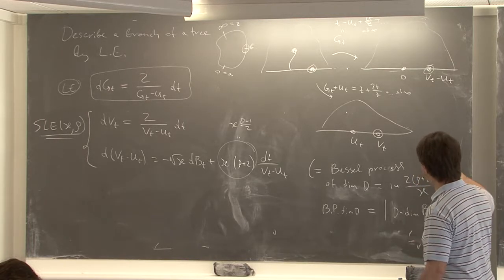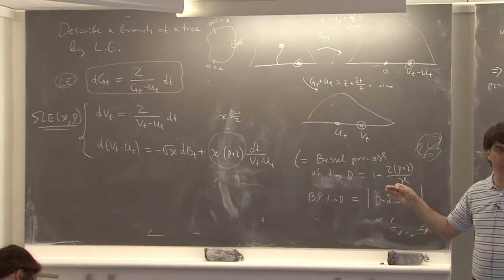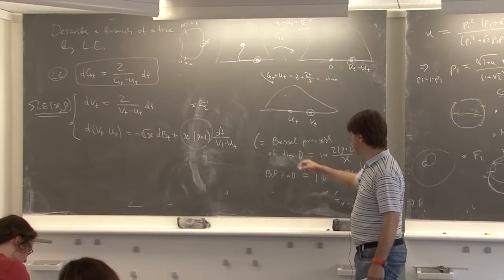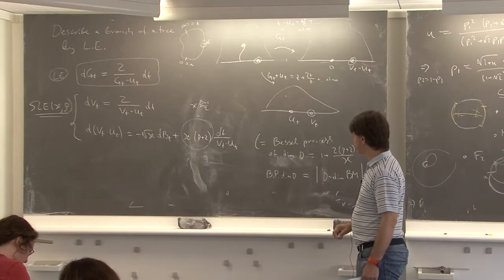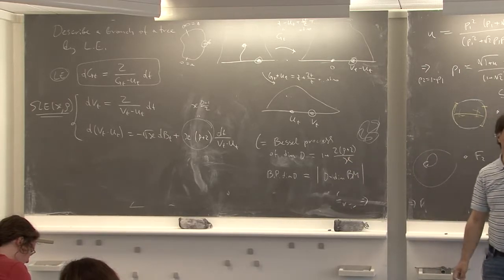So if you take Brownian motion in dimension 3 and you take its absolute value, then you will get Bessel process of dimension 3, which in our case corresponds to this being equal to 3.